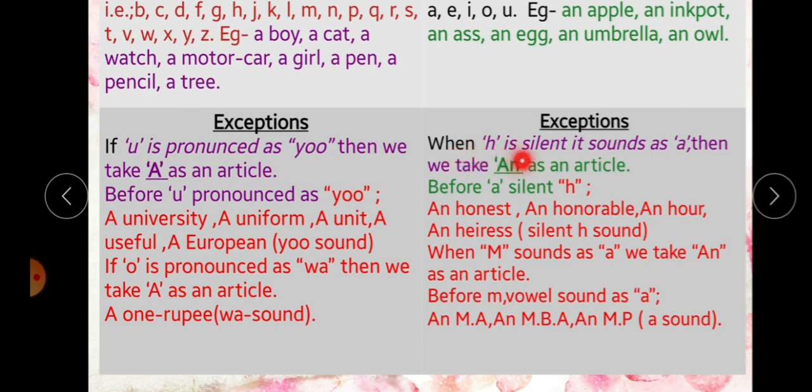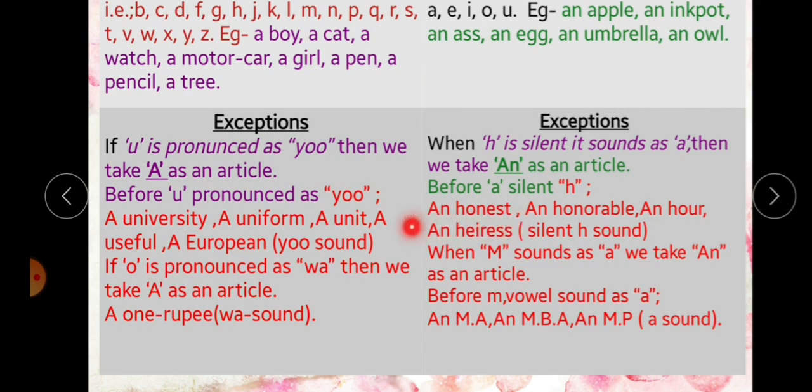Then when H is silent, it sounds as a vowel, then we take an as an article. For example, before a silent h, we will use an honest. Now over here honest starts with h, which is a consonant, but the sound that comes is of o, that is honest.